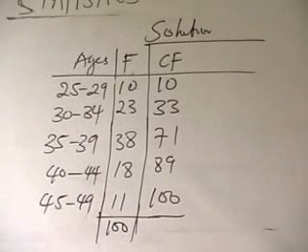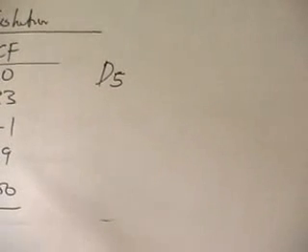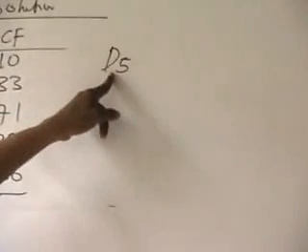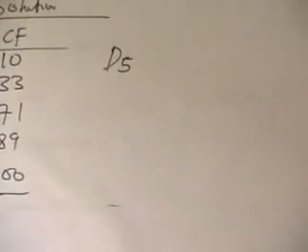So the first one they ask us to get is the 5th decile. How do we calculate decile? Decile is represented by capital letter D. Because they say 5th decile, you write D5. If it's 8th decile, you write D8. So what is the formula?